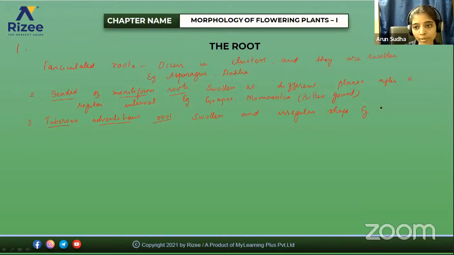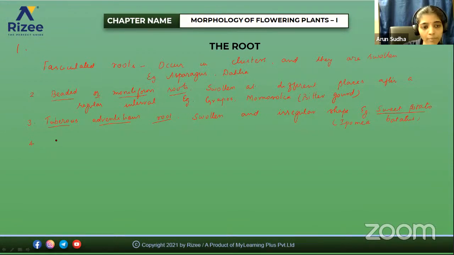Example is sweet potato, Ipomoea batatas, that is the scientific name for sweet potato. So here you have to be specific. For example, if they ask whether a sweet potato is an example for a tuberous taproot or a tuberous adventitious root, we have to be specific that sweet potato is an example for tuberous adventitious roots and not for taproot.